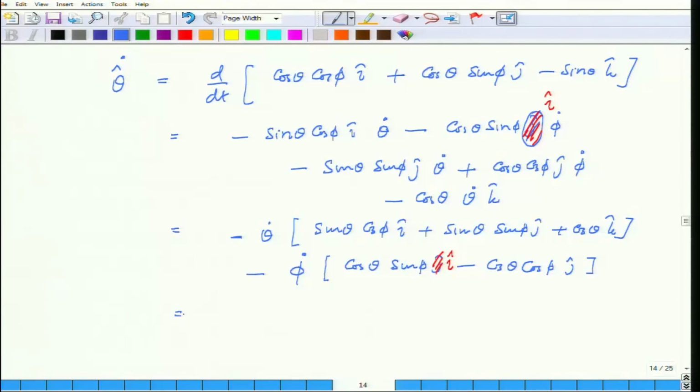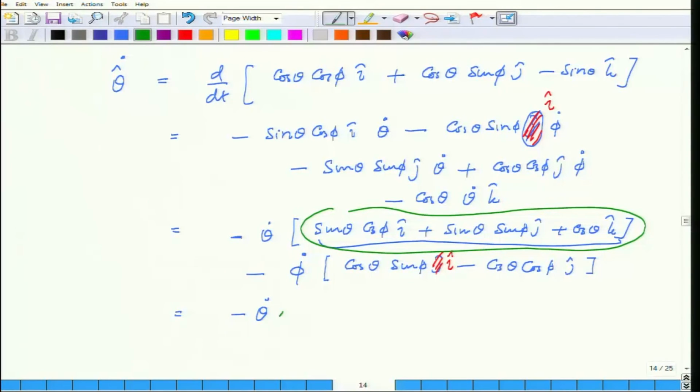So what I get is minus theta dot, and you can recognize this unit vector here. Let me circle this with green, is nothing but r unit vector. Minus phi dot cosine theta comes out, and sine phi i minus cosine phi j is nothing but minus phi unit vector. So I can write this whole expression as minus theta dot r unit vector plus phi dot cosine theta in the phi direction.